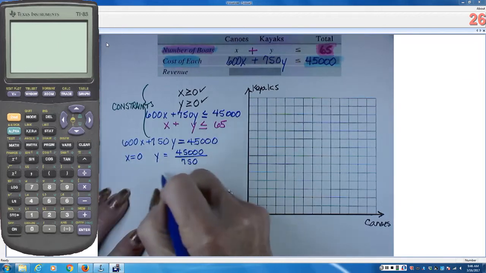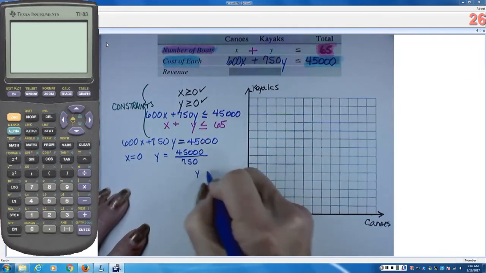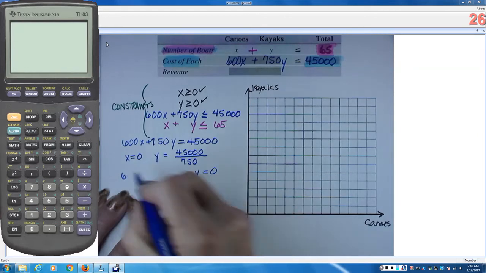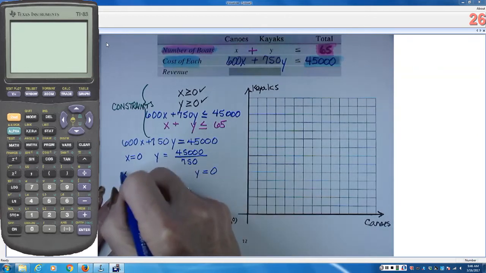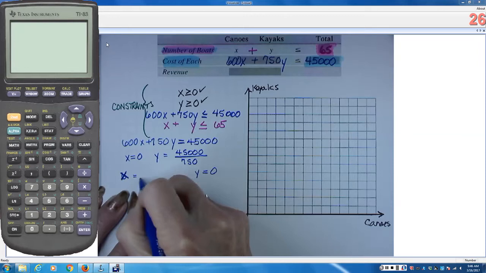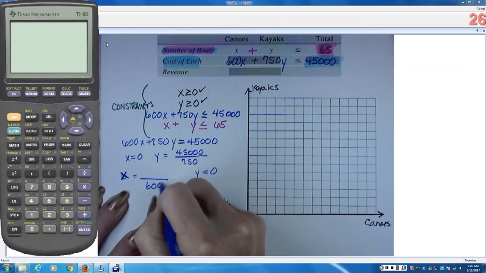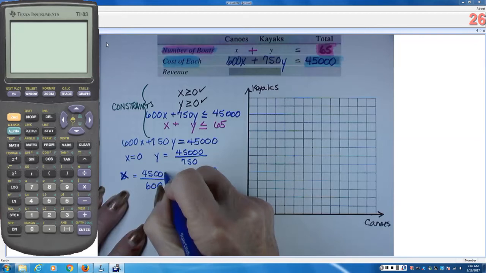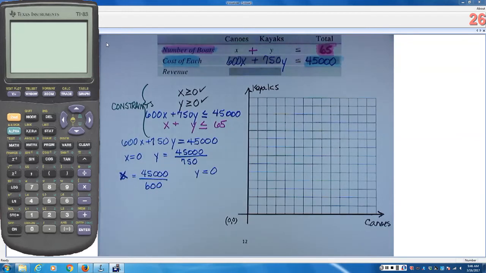So for y equal to 0, I would have 600x, and let's divide the 600 into the $45,000. So that's going to give me 2 points.